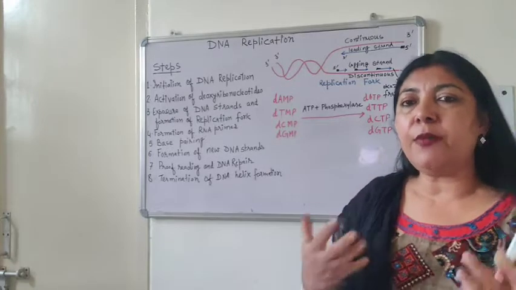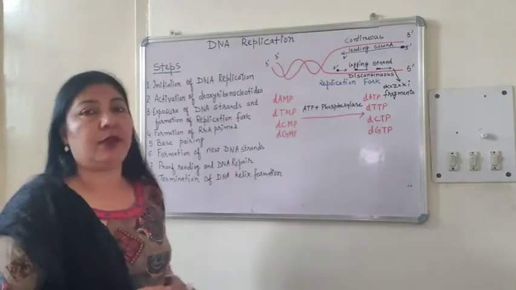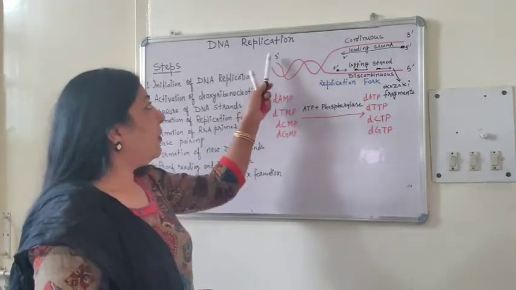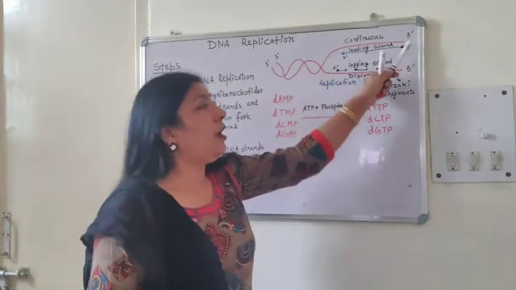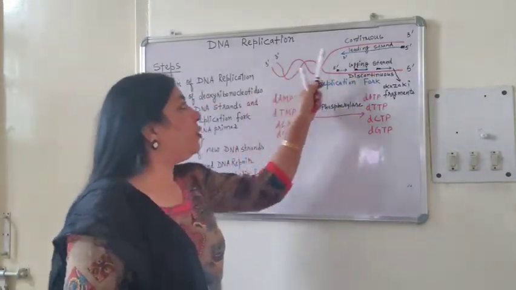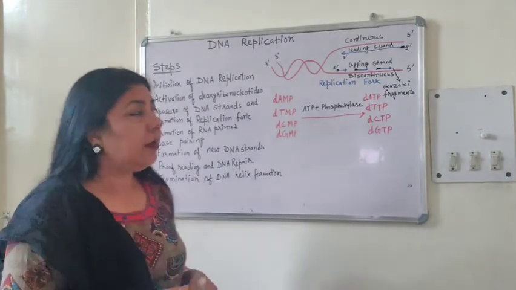Now there is a very amazing phenomenon in this DNA strand formation. You can see this is the polarity. This is 5' to 3'. This is 3' to 5'. DNA has got a polarity.